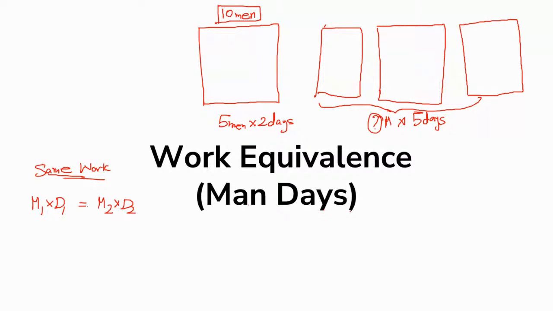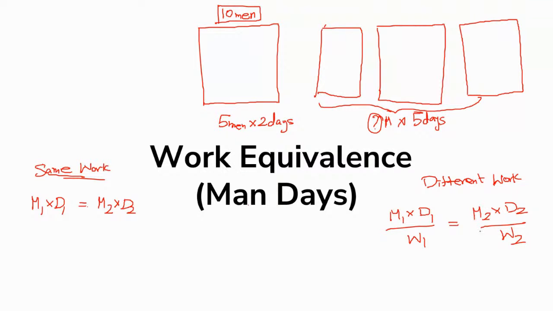Whenever there is a different amount of work, then it will be like this: number of men in the first set into number of days in the first set divided by work done in the first set, and number of men in the second set into number of days in the second set divided by the amount of work to be done in the second set. If you divide it, then both the values are going to be the same.